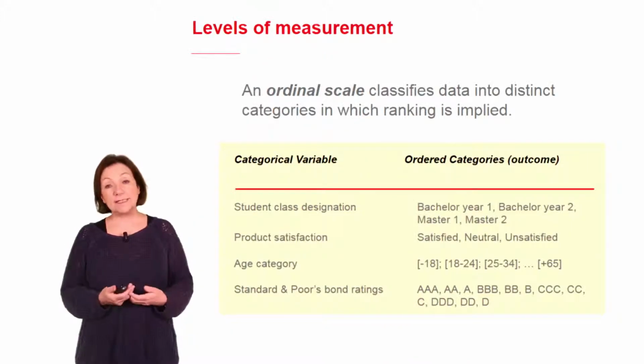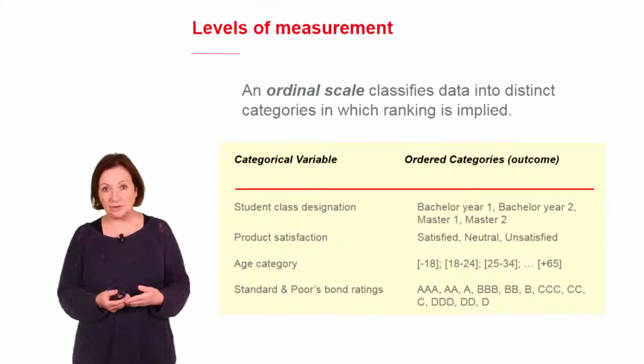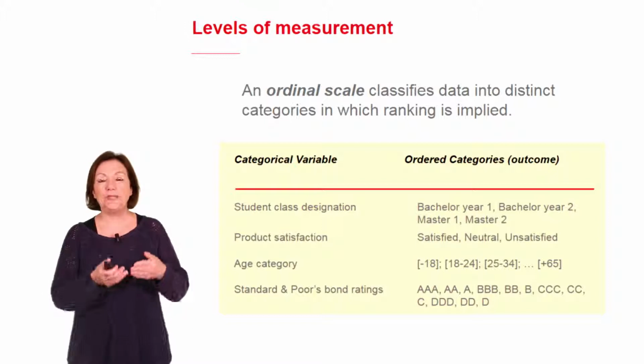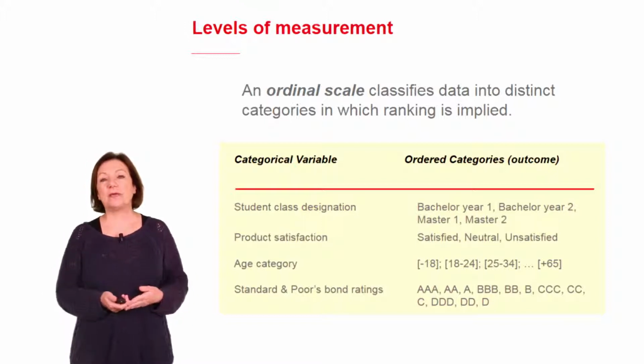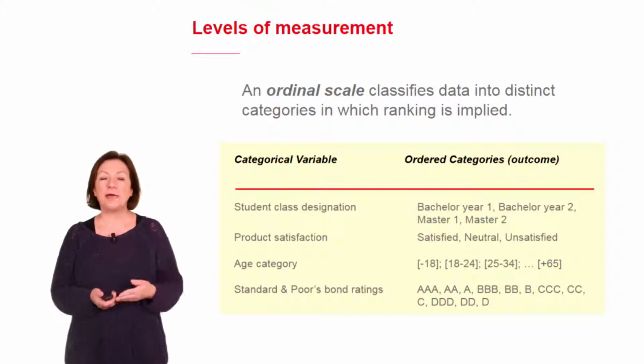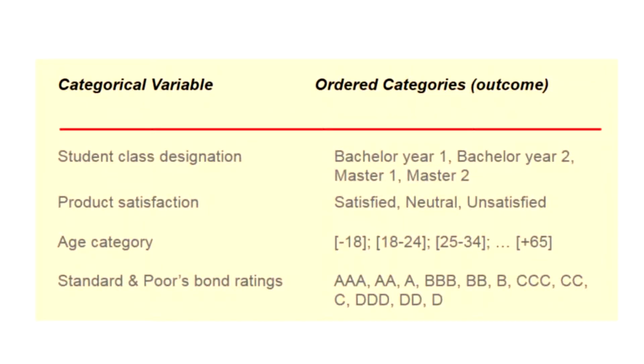Alternatively, when we talk about ordinal variables, we are still dealing with categorical variables, meaning that the outcomes will be categorized into specific categories, but there is a specific order. If you look at the example, you will see, for instance, the student class designation, where we designate students between 4 different levels, let's say Bachelor Year 1, Bachelor Year 2, Master Year 1, Master Year 2.